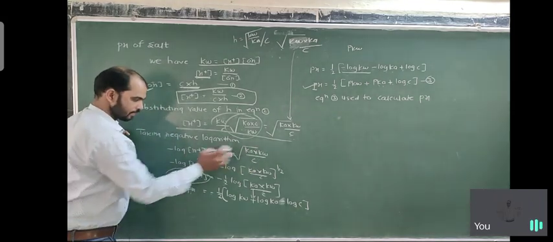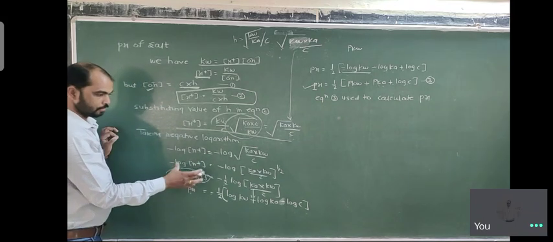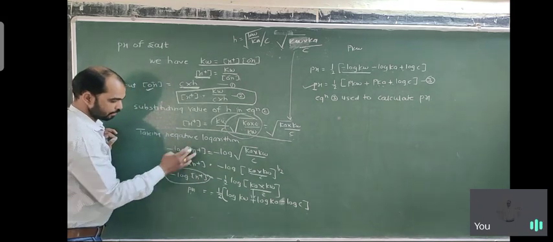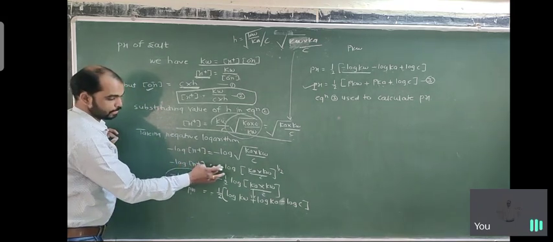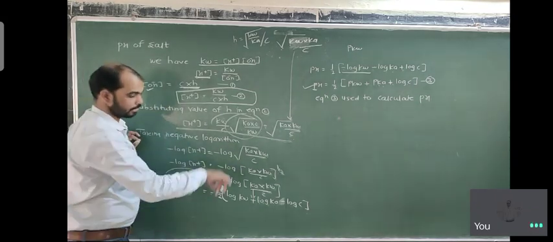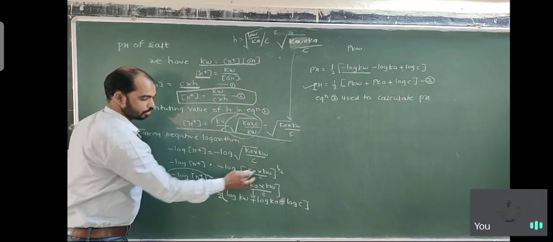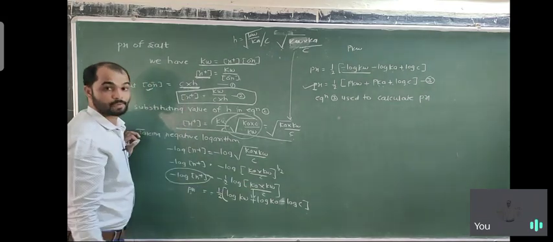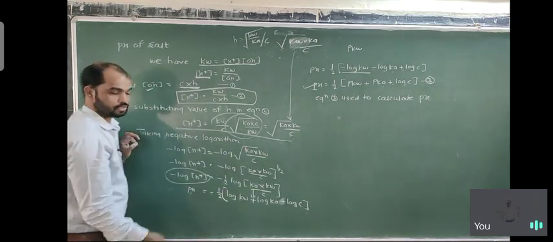After getting this, we solve it in the next step. It remains the same, equal to minus log of, and we just remove the under root into a square bracket, so in the square bracket it is considered as power 1/2. You know the mathematical rules here.